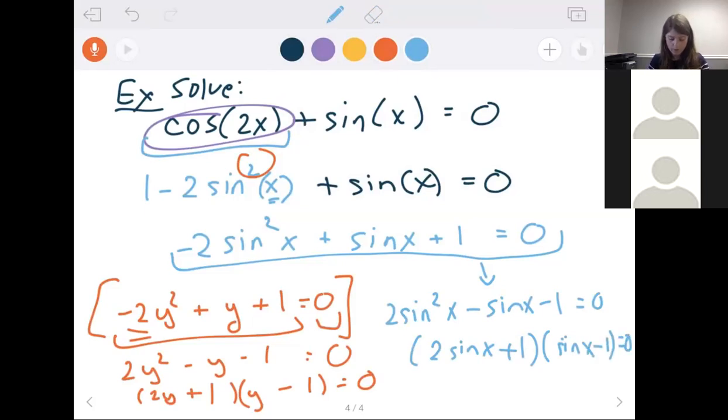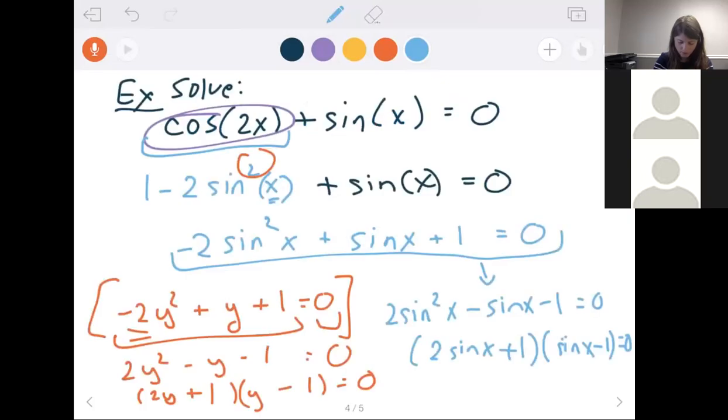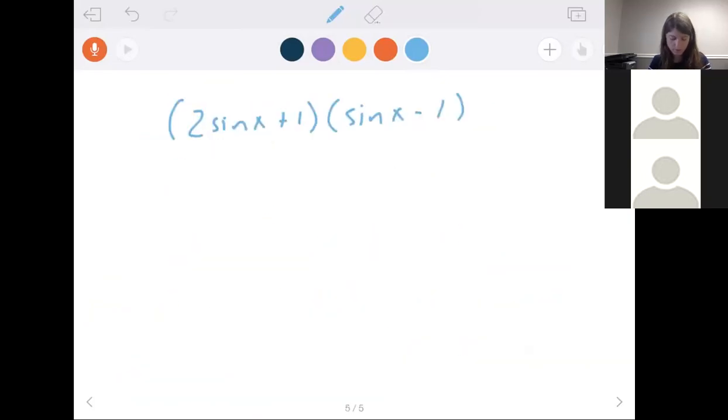So at this point, now we have 2 pieces to deal with. Let's go ahead and copy them over. Make sure we get those right. And we want to think about setting each one to 0.